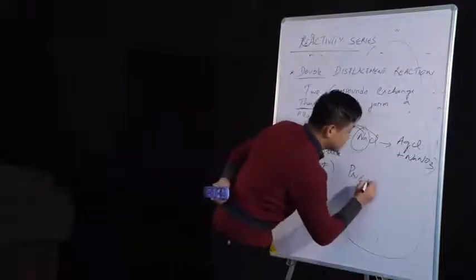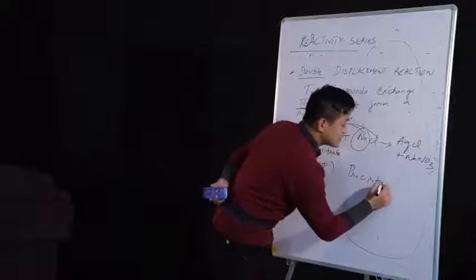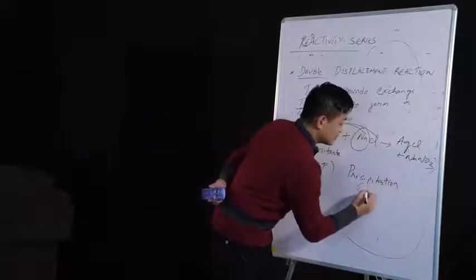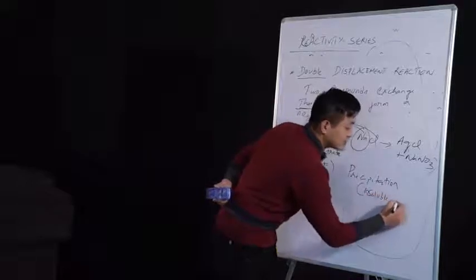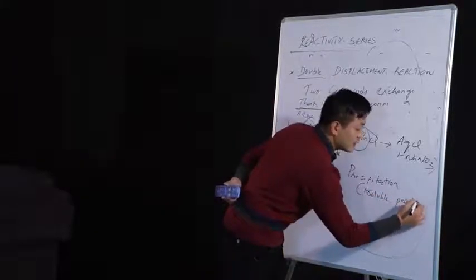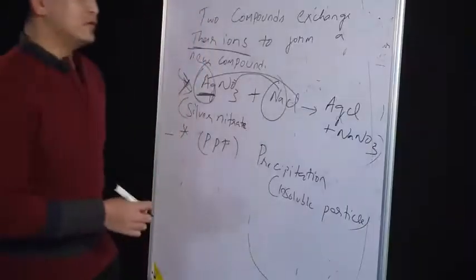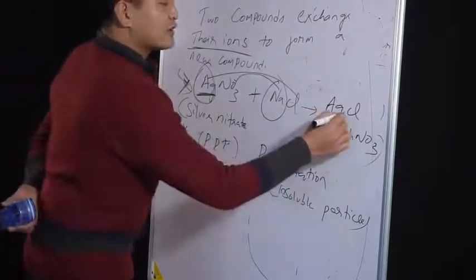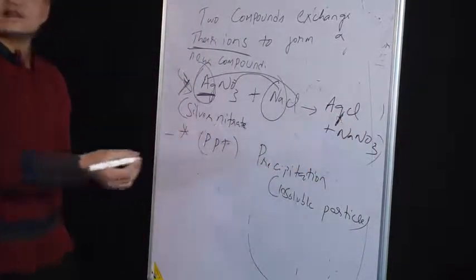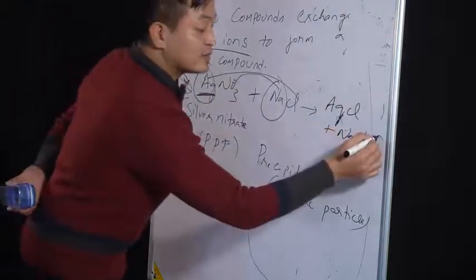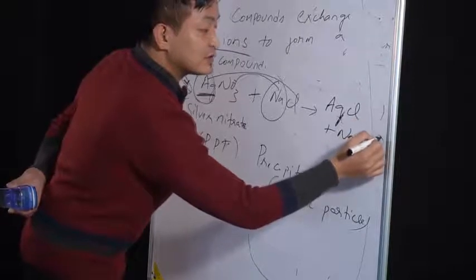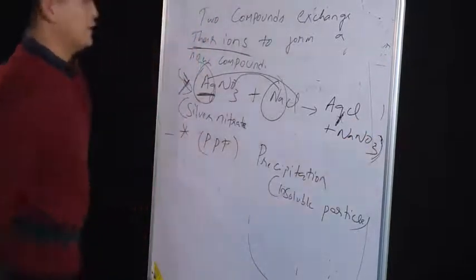So precipitation means insoluble particles. We'll get one insoluble particle here, and the other one we'll get here would be liquid. Clear?